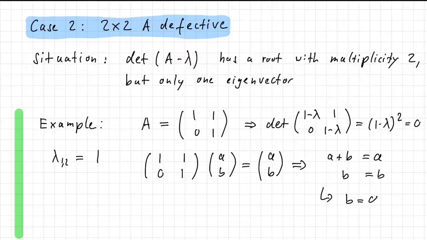So if I now write down my eigenvector here, I see that I can only find one single eigenvector, because a is free, but that's just a scaling. So for example, I just choose a equal to 1 and I find the eigenvector (1, 0). And that one obviously does not span the whole vector space, right? So the problem here is that with the recipe that we had before, we only find a single solution.